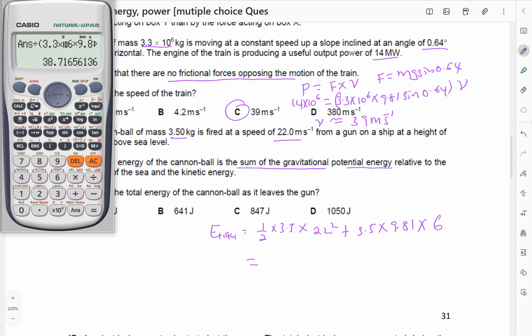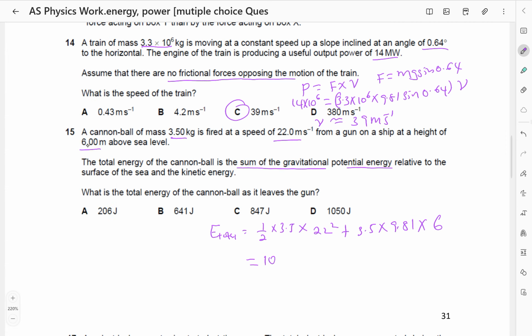So we just sum this up: 0.5 times 3.5 times 22 squared plus 3.5 times 9.81 times 6. This is giving me 1053 joules, which is 1050 to 3 significant figures.